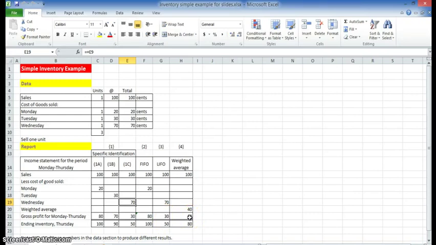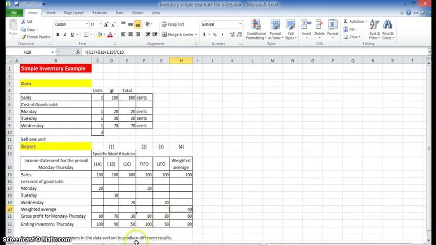The weighted average is of course 40, and how do you get 40? 40 is the 3 costs added together divided by C10, 3. So therefore it's that plus that plus that divided by 3, and therefore you get 40 cents.